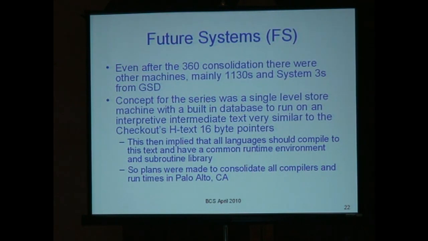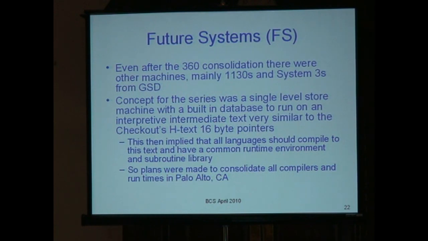So they said, right, we'll take all the ideas we've got in IBM and build this all singing, all dancing box that will satisfy everybody. Which of course can't be done, but they pinched quite a lot of it from that intermediate text. That became the layer that was new. The compilers would program to that layer, and that layer would be built in a mixture of hardware, software and microcode, just as part of the offering.